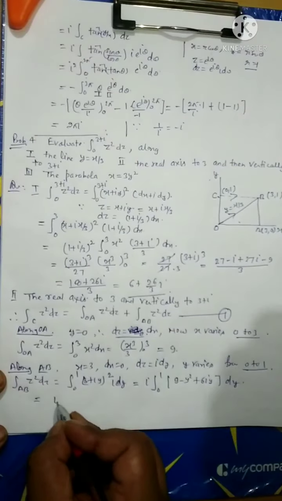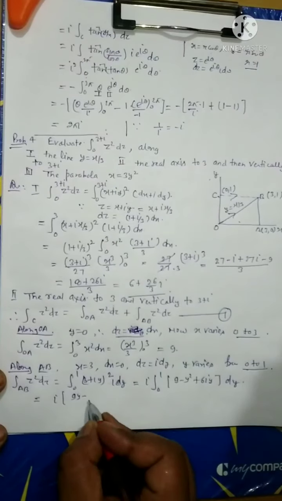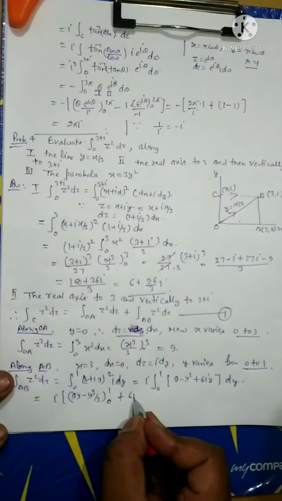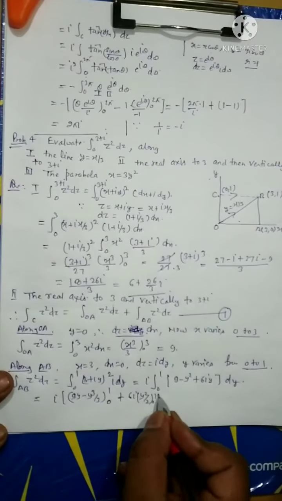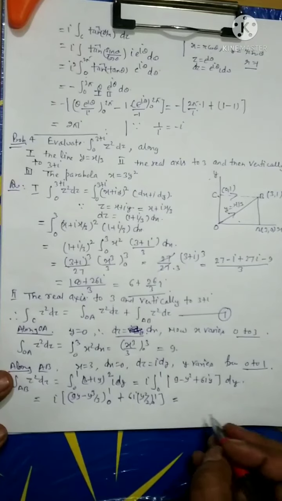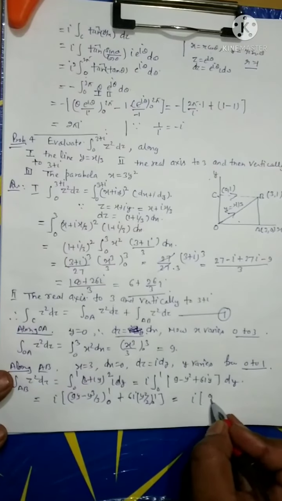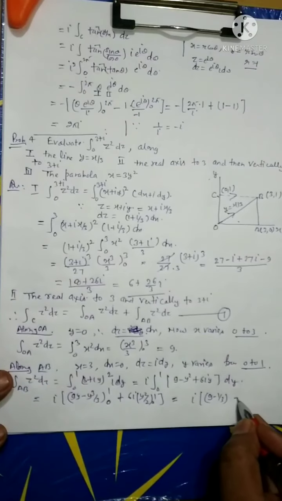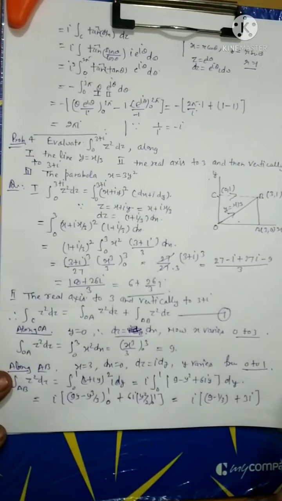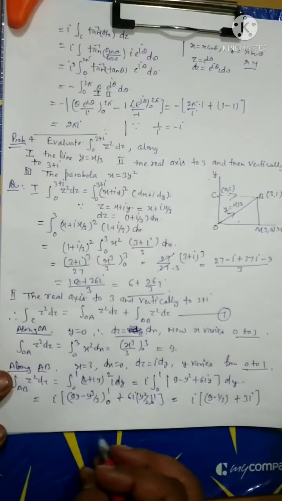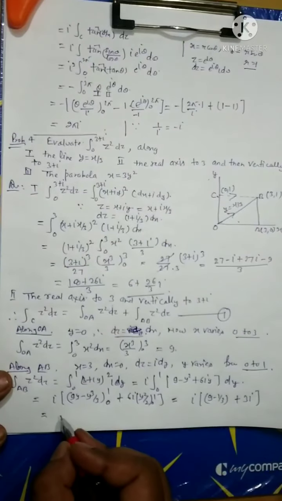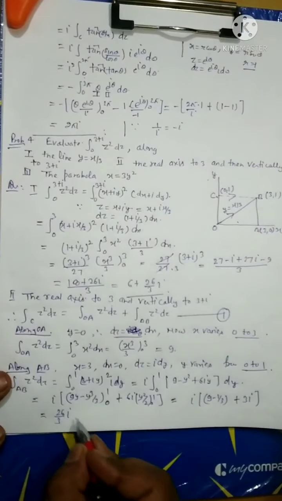This is equal to i times [9y minus y cube upon 3] limit 0 to 1 plus 6iy square by 2 limit 0 to 1. This is equal to i (9 minus 1 upon 3) plus 3i, which is equal to 3i. Now this is equivalent to 26 by 3 i minus 3.